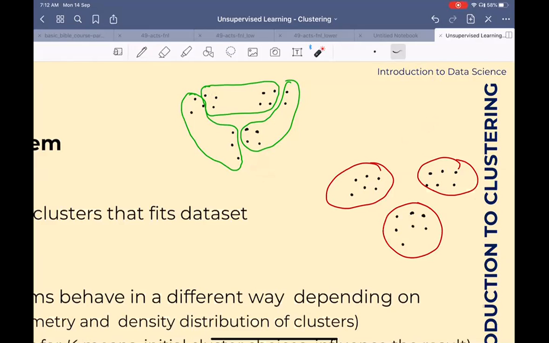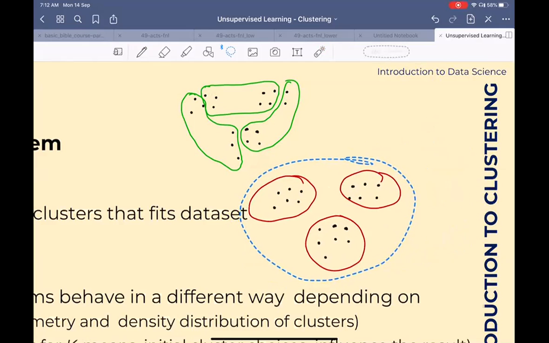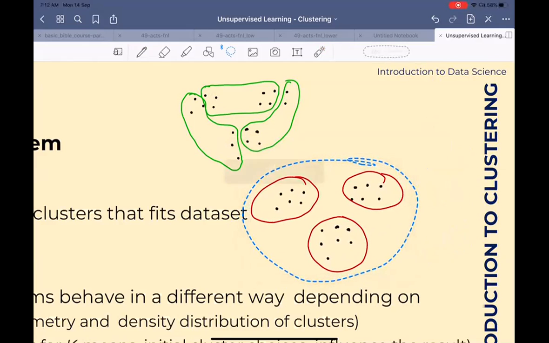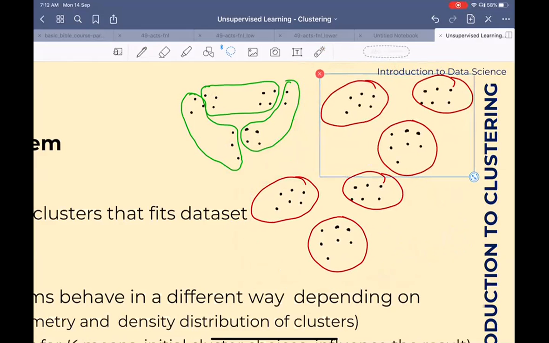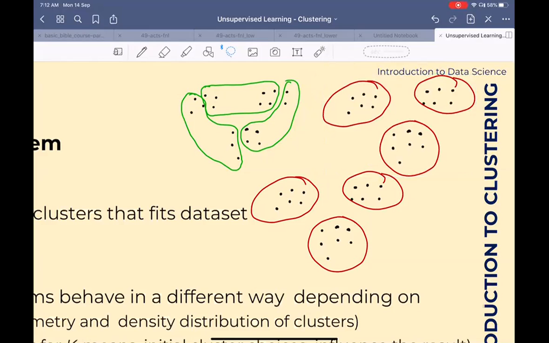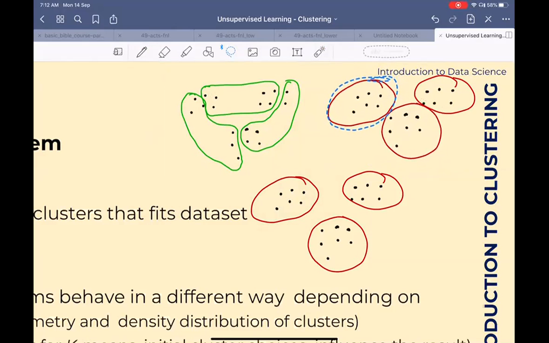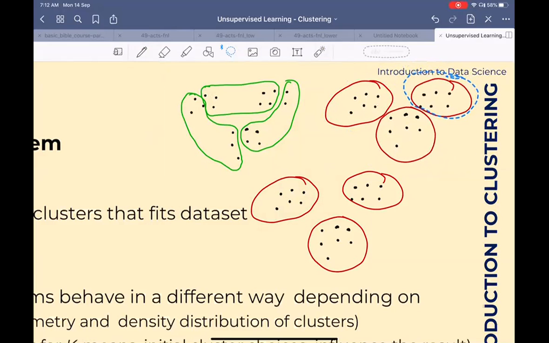Okay, let me give you another hint. If I take this cluster itself, and between these two examples, now if you had to choose between, let's say, this example and this example, which would you say is a better cluster?